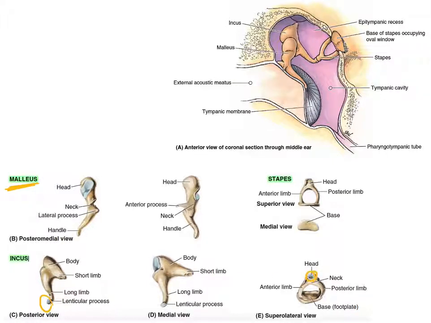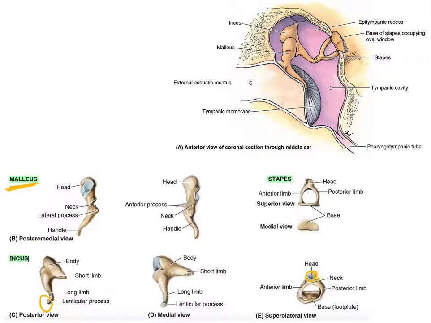The stapes is like the footplate for the horse's saddle, where you put your foot to jump up over the back of the horse.